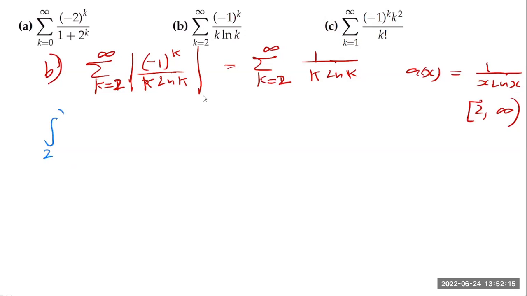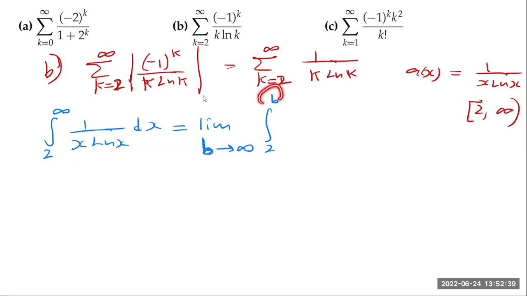Integral from 2 to infinity of 1 over x times ln x dx. Of course, you need to use limits, because you have an improper integral here. Limit as b goes to infinity, integral from 2 to b of 1 over x times ln x dx.